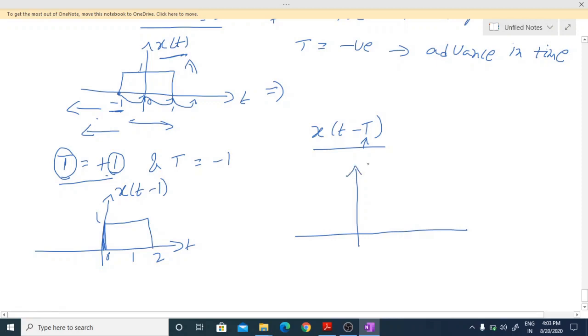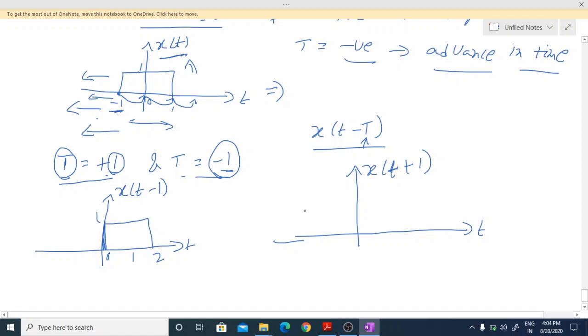Next, if T is equal to -1, the formula will be x of t plus 1. Already I explained, if T is a negative value, then we get an advanced signal. What is meant by advanced? The signal starting position moves towards the left side. How many levels we shift to the left depends only on the T value. Here T is -1, so -1 plus -1 is equal to -2.